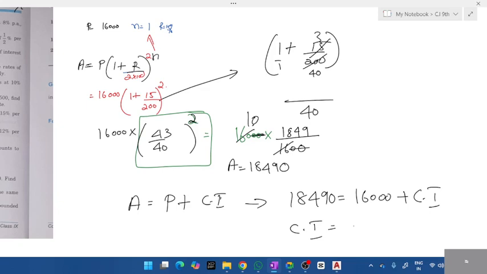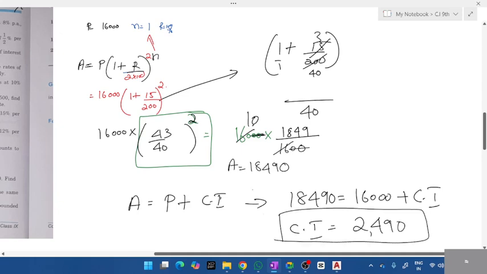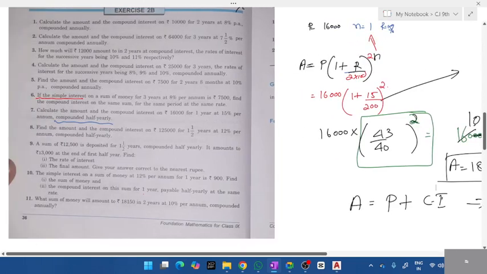Somebody check the answer, students. If you have the textbook, is it correct? 2,490. Is the answer correct in the textbook? So read the question carefully. Here, half year is given, students. It is very simple.